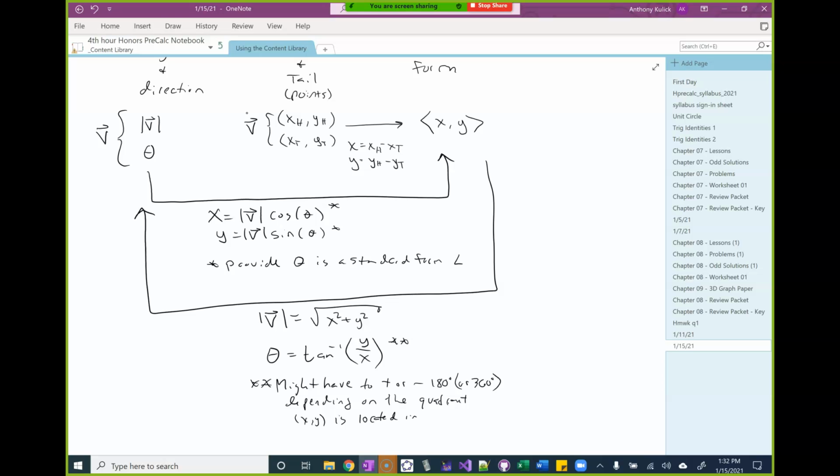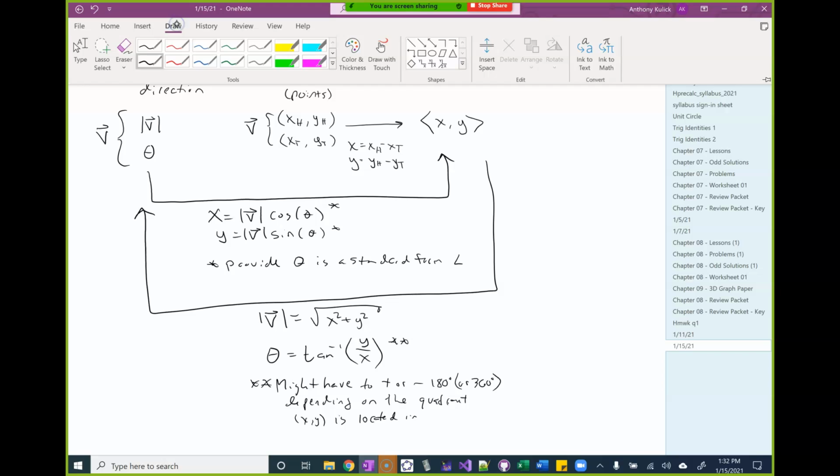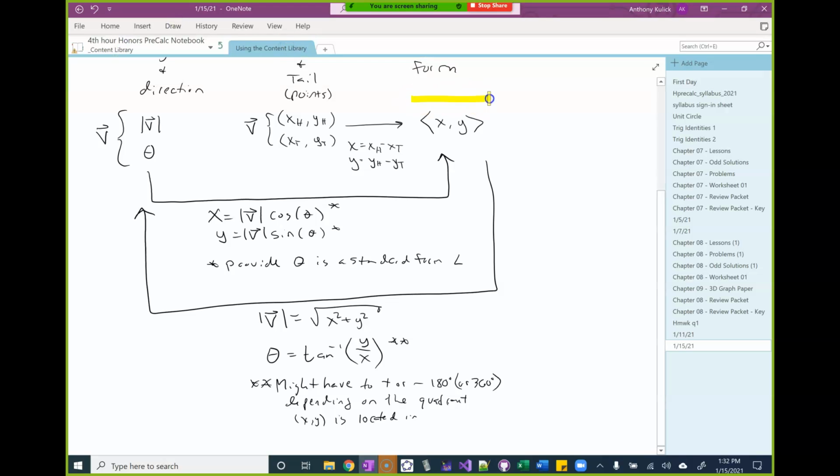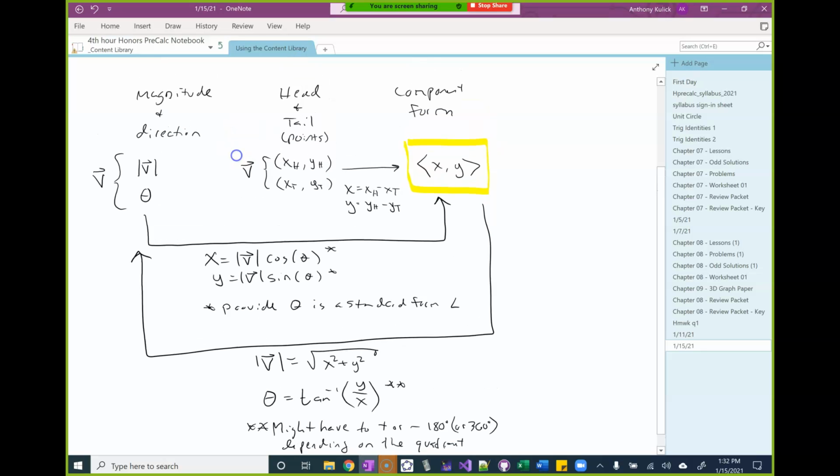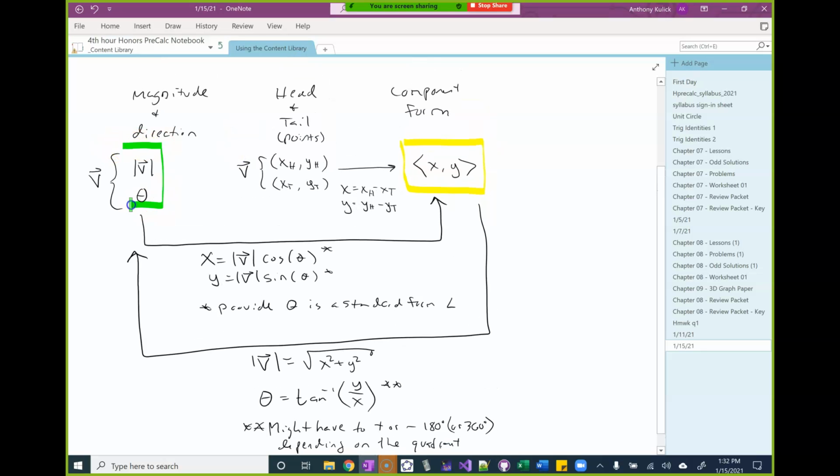And really, the gold standard in terms of doing any algebraic work with vectors is we want component form. It's the easiest one to manipulate algebraically. And typically when we spit out answers, we like to give our answers as a magnitude and direction because often those have meaning in the physical world in a way that component form notation doesn't.